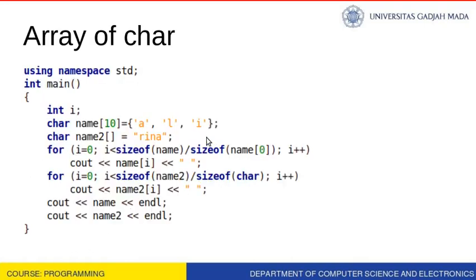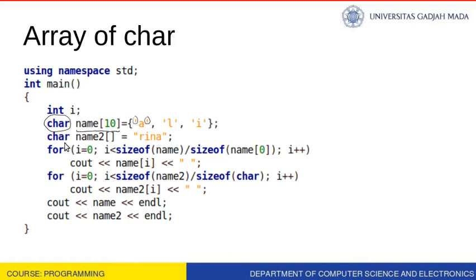Let us see this example about array of char. Here we have an array with the type of char, and the elements of this array are A, L, and I, and each element is followed by a single quotation, which means that this is a character or char.